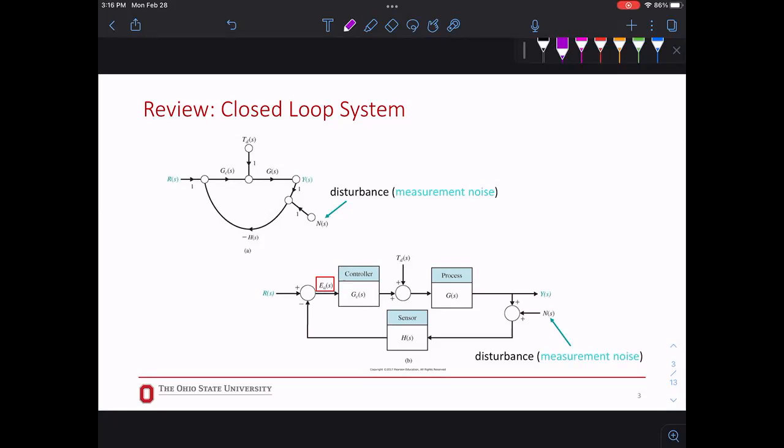Or there is some error that you actually have to account for when you're designing your controller. All right, so you need to know what kind of sensor you're picking. That comes to picking components. What's the limit that you will have when you're purchasing your sensors?